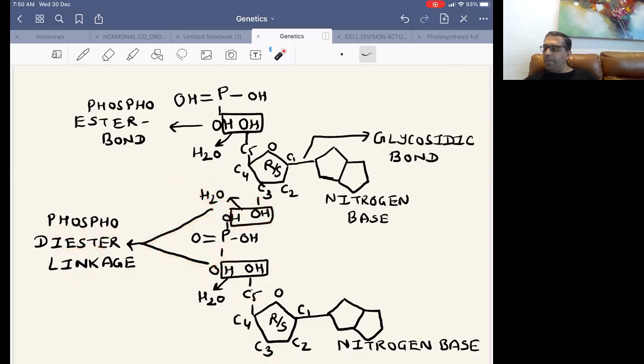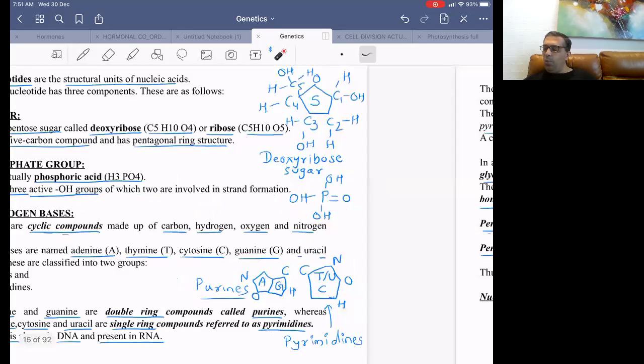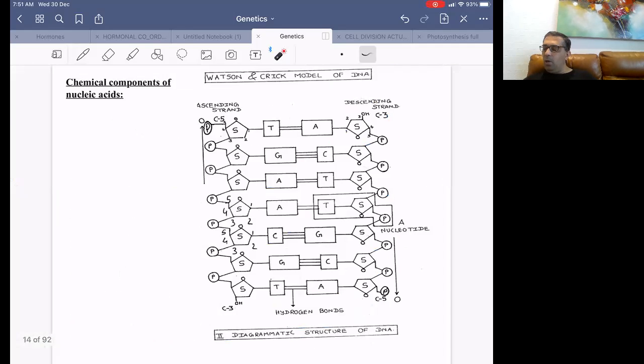So at every third carbon, the hydroxyl is used to form water and a phosphodiester bond.